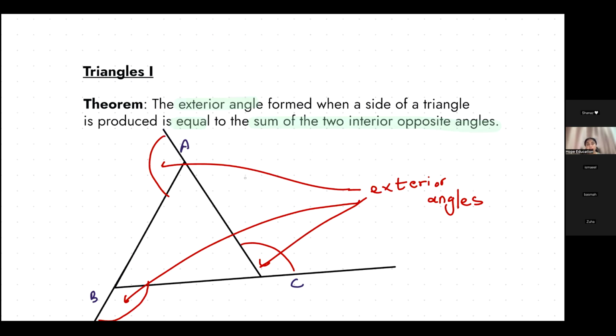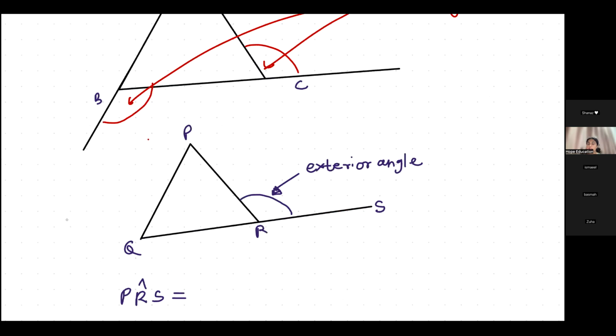What that means is, if you take this exterior angle, the angle that is immediately interior to it is this one. It's not this one, it's the other two, this and this. Therefore, when you take an exterior angle, it is equal to the interior opposite angles.